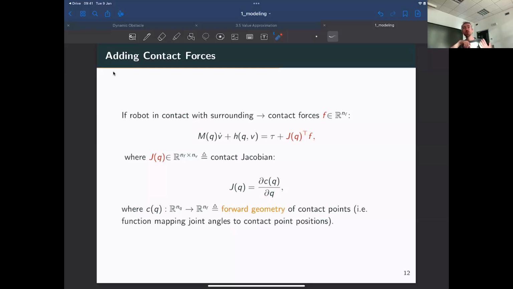In the same way as you take the derivative of a scalar multivariate function, you get a vector. If you take the derivative of a multivariate function with respect to a multivariate input, you get a matrix.